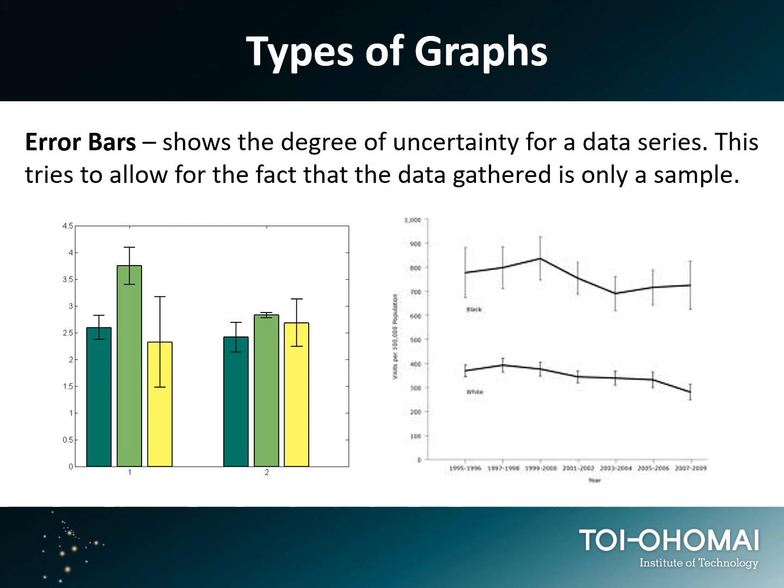So last thing to note is that we've talked about error bars in lecture, and error bars show the spread of the data, and they give us a degree of uncertainty. So we know that there's a sample, and so the error bar kind of tells us that we're pretty confident that our true mean, if this is the mean that we're measuring, the true mean falls somewhere between here and here.